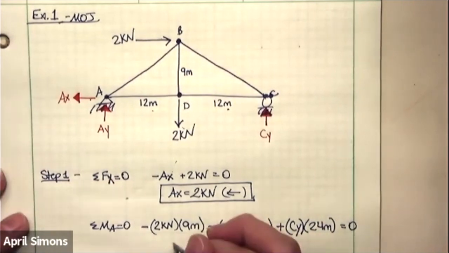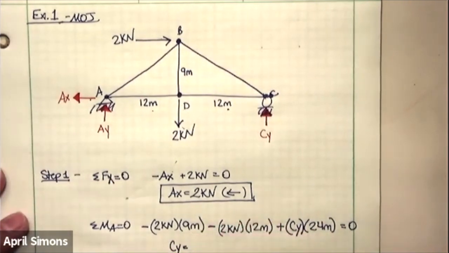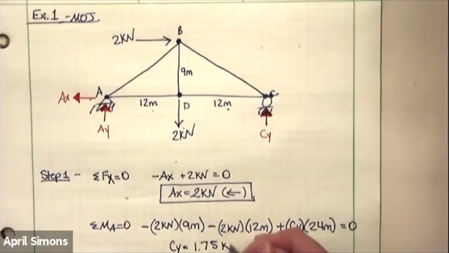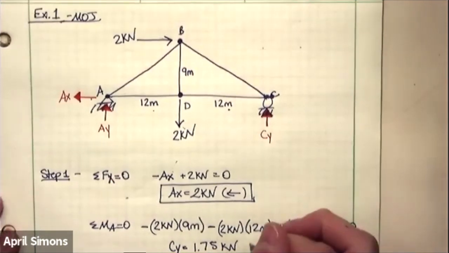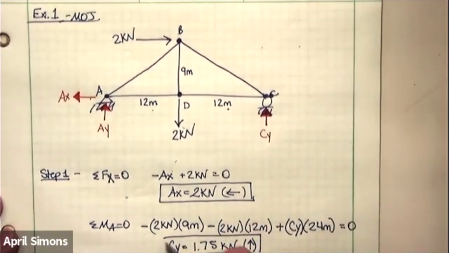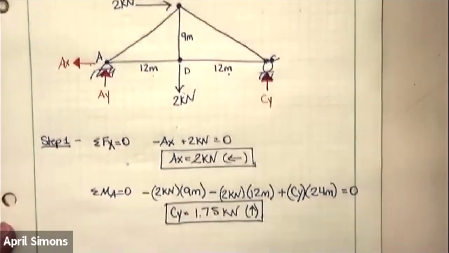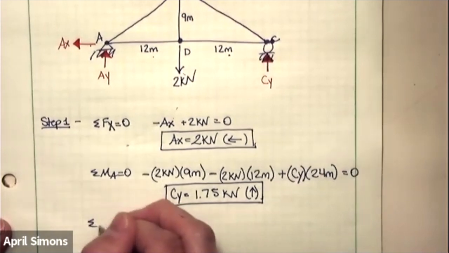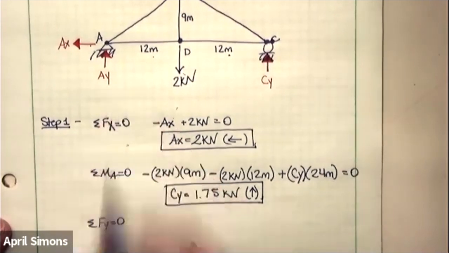Okay, so we solve for CY. We get CY is equal to 1.75 kilonewtons. We get a positive there, so we guessed that direction correctly as well. So it is indeed up. Then we have our sum of the forces in the Y equals 0 to solve for AY.